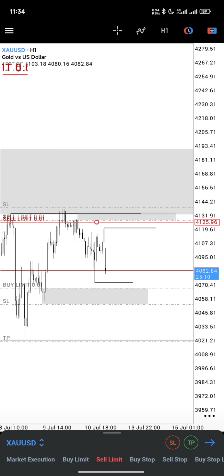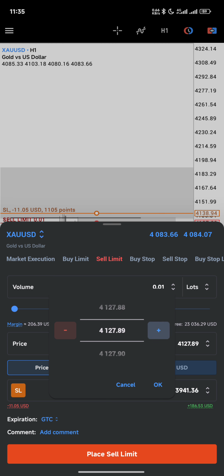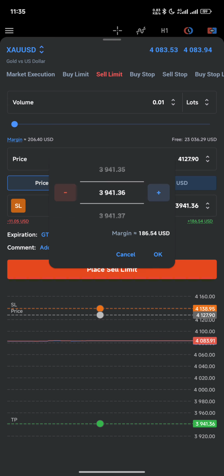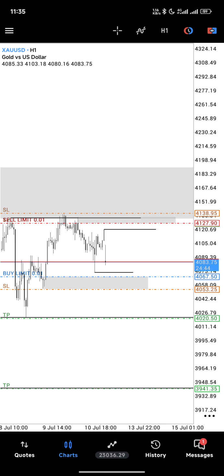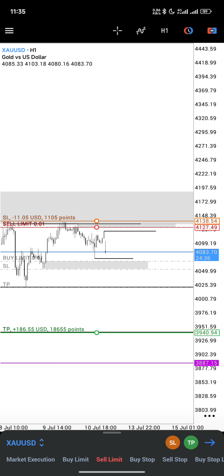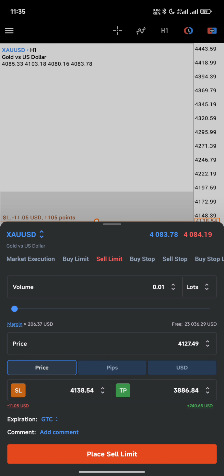One entry here, and with this, same. Okay, so that's a second entry, and then I could take a third entry, same place, but now my target will be here.